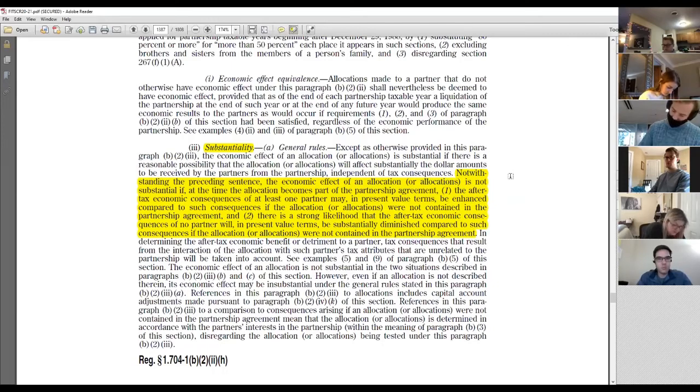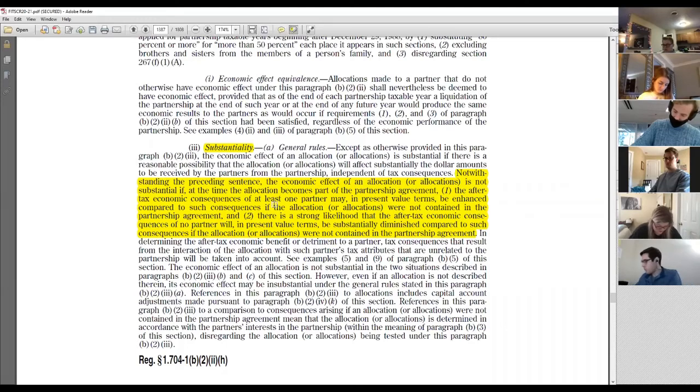So again, we're looking forward. If it's a prospective amendment to the partnership agreement, you're going to use a crystal ball and try to figure out what's going to happen in the future. And it has 2 prongs, but we'll see really just one is important. One, the after-tax economic consequences of at least one partner may, in present value terms, be enhanced compared to the baseline.